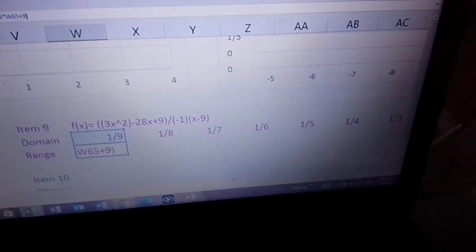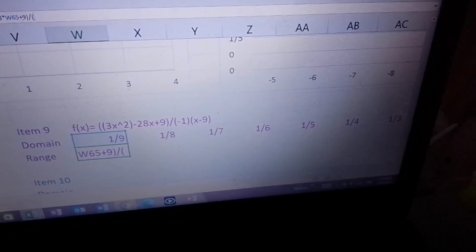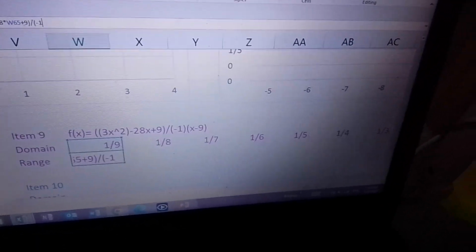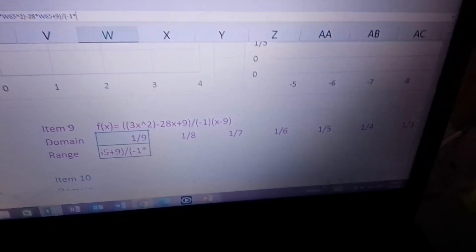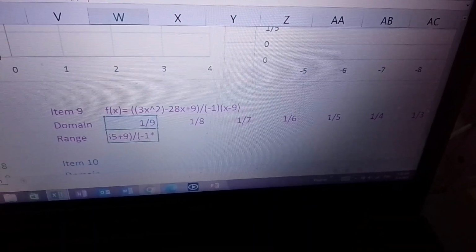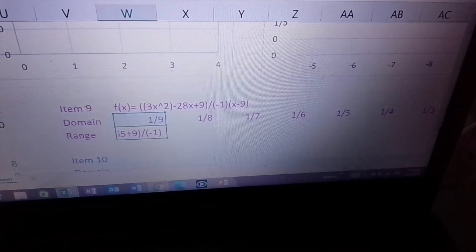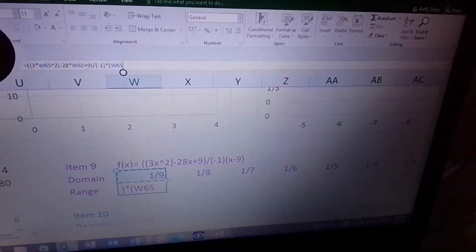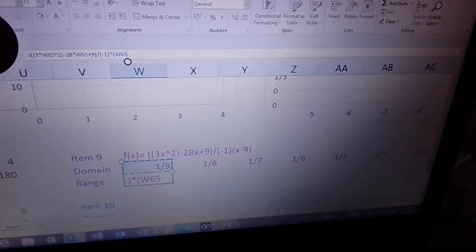Then, close parentheses. Divided by negative 1 times the cell that you want again, minus 9. Then close parentheses.